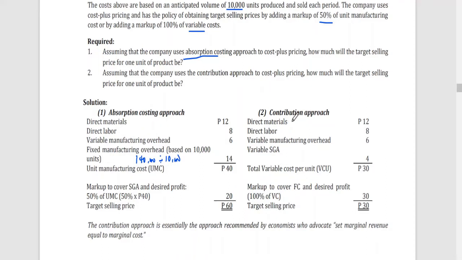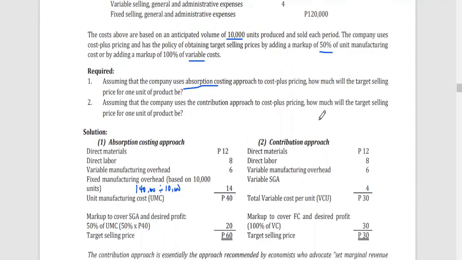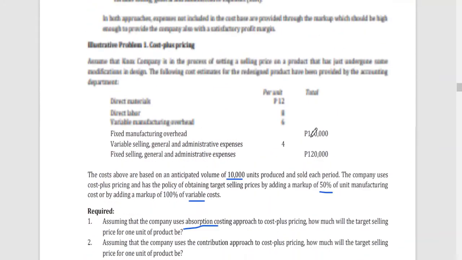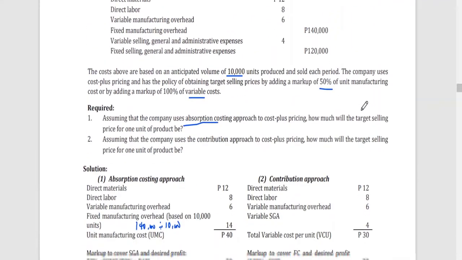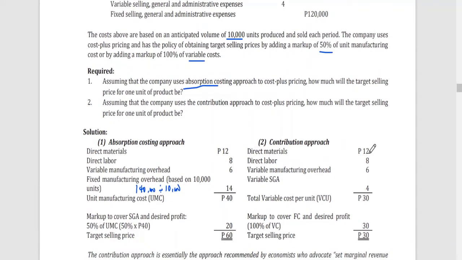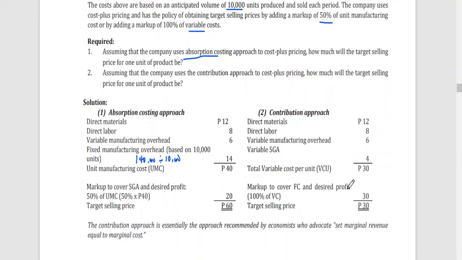Okay? Then for the contribution approach, it will include only the variable costs, which include the direct materials, direct labor, variable overhead, and variable SGA. So that's why we have here 12, 8, 6, and 4, so a total of 30 pesos. Now, how much would be our markup?